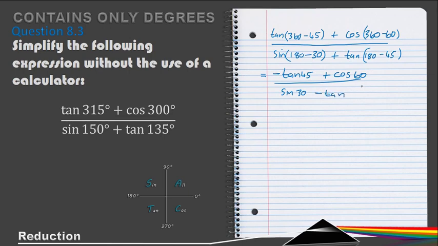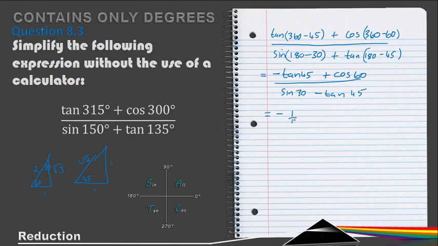So minus tan 45. Now our special angles, I've got 2 triangles that I now need to draw again: 45, 1, 1 and square root of 2, 60 and 30, 1, 2 and 3. So for tan 45 I've got my negative there. Tan is opposite over adjacent, so that's 1 over 1, which is just 1.